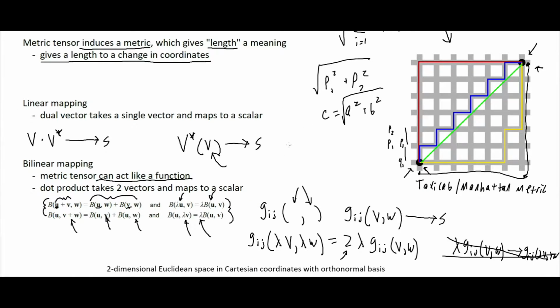Now, if we want to look at some of the things we can do with the metric tensor, say we have a two-dimensional Euclidean space in Cartesian coordinates with an orthonormal basis. Two dimensions, I think you can probably guess what that is. That's just if we have an x and y coordinate like this. Euclidean space means that it is flat.